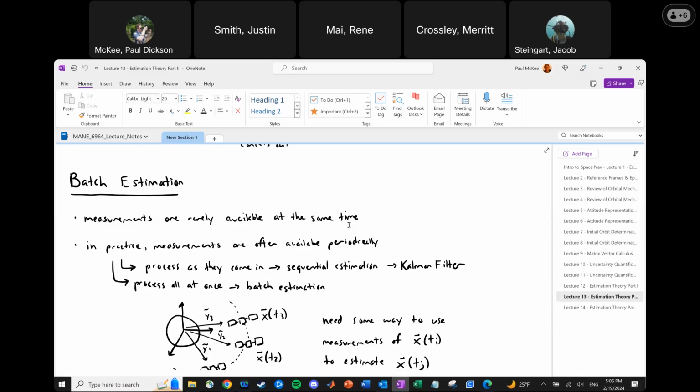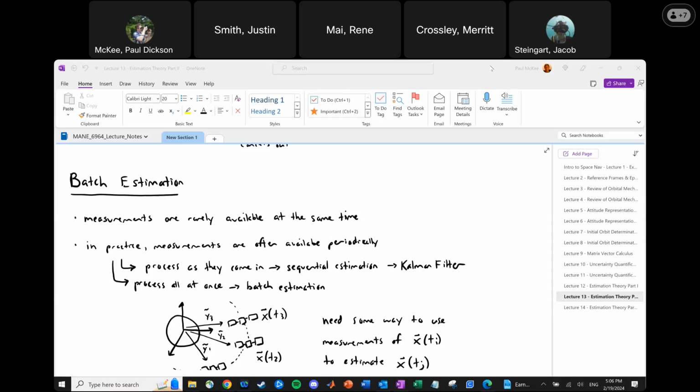One of those is to have a computer running, constantly updating what it thinks its state is, and when a new measurement comes in, taking that information and putting it into the system and synthesizing some new state estimate whenever a new measurement becomes available. All of that is called sequential estimation, and it requires a computer to be running all the time.